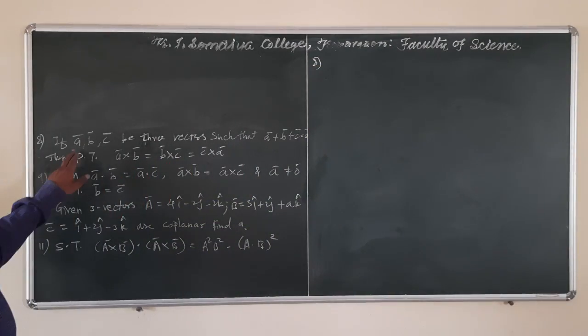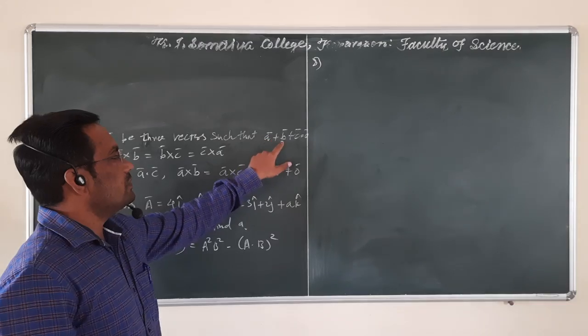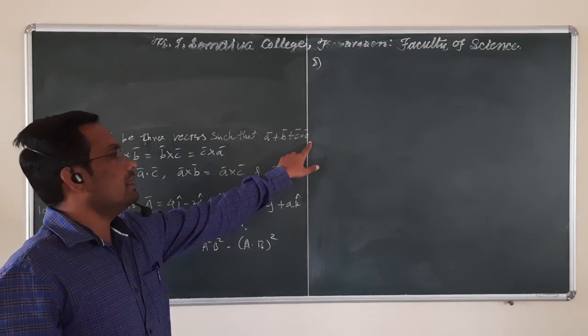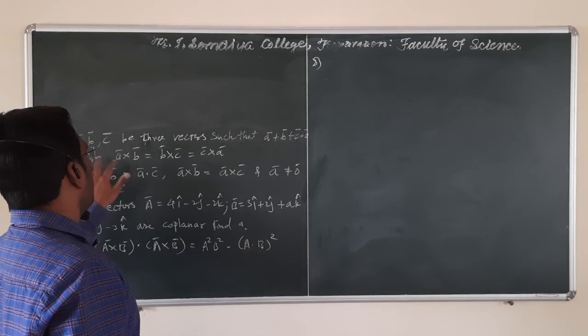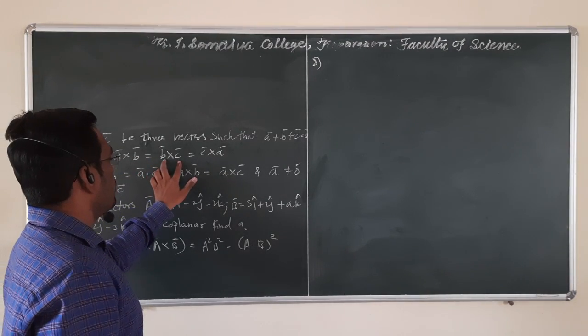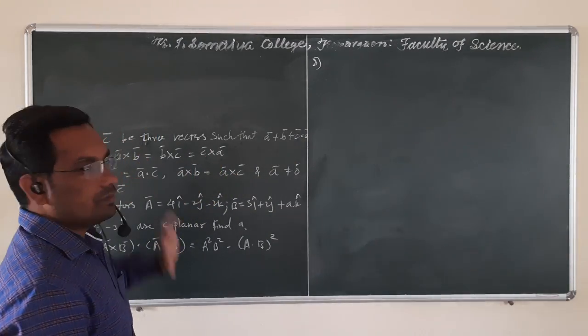If vector A, vector B, vector C are 3 vectors such that vector A plus vector B plus vector C is equal to the zero vector, then prove that vector A cross B is equal to B cross C is equal to vector C cross A. This we have to prove.